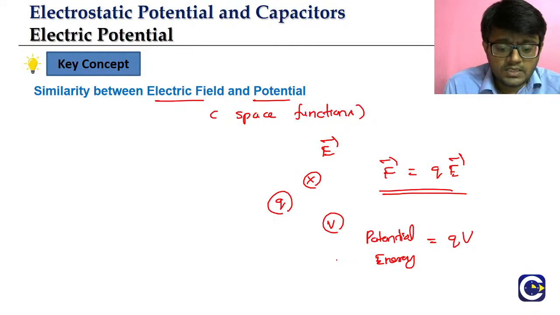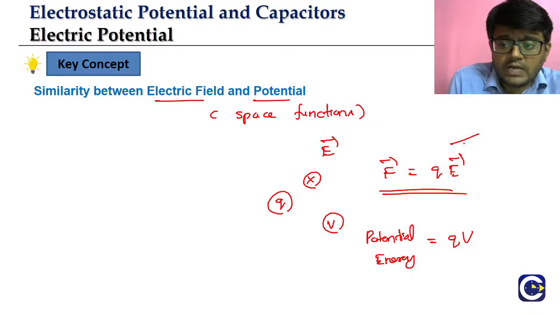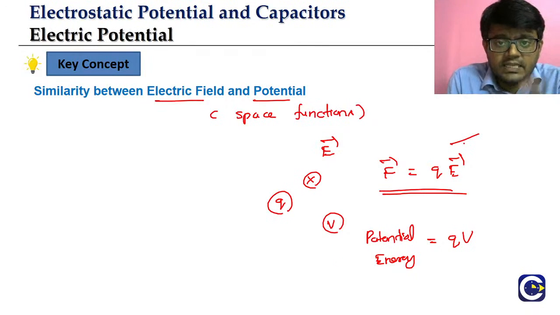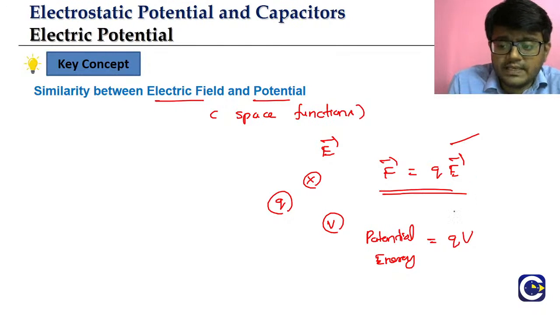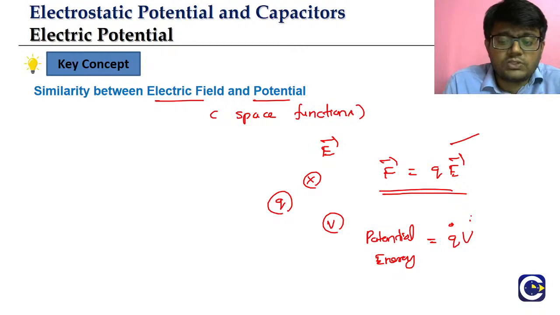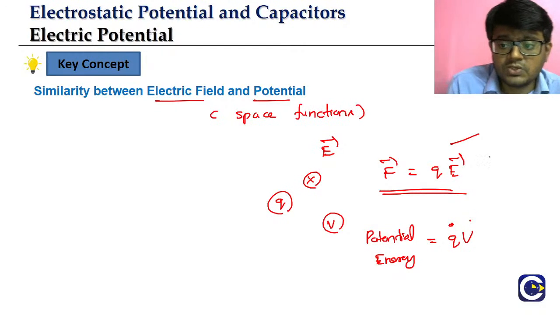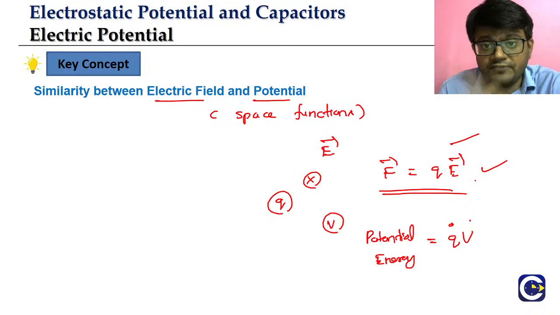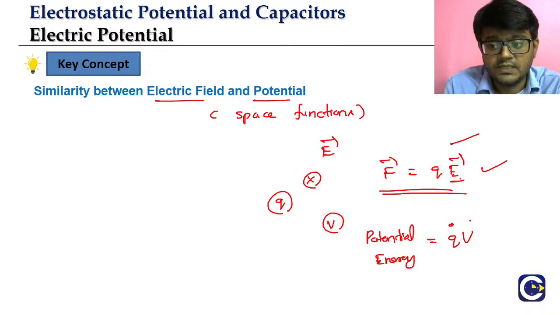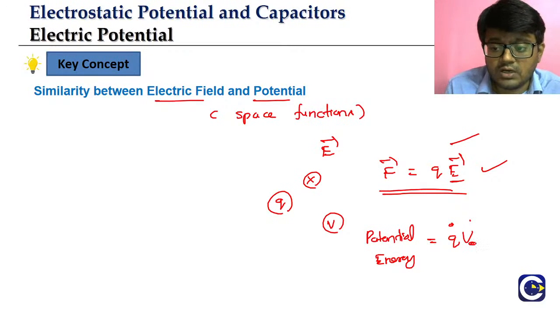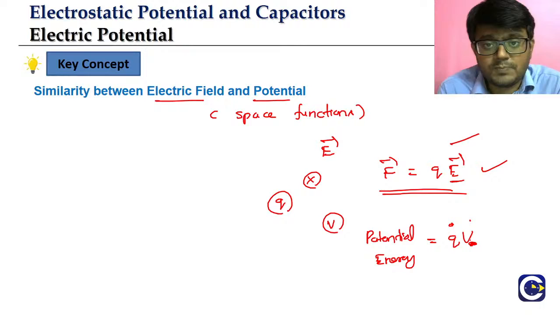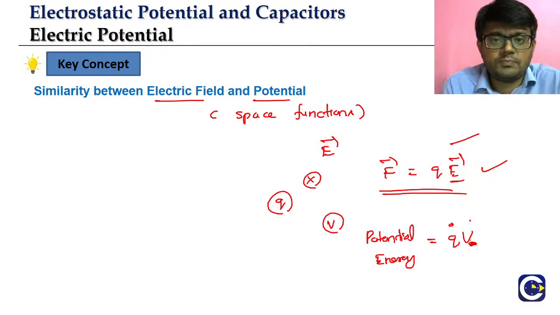So the field interacting with the charge gives the force, and the charge interacting with the electric potential gives rise to what? Potential energy. In the expression, the role the field plays, Q times E, is force. The same role electric potential plays, Q times V, is potential energy.